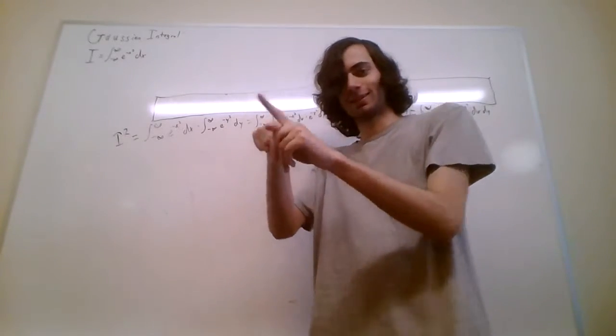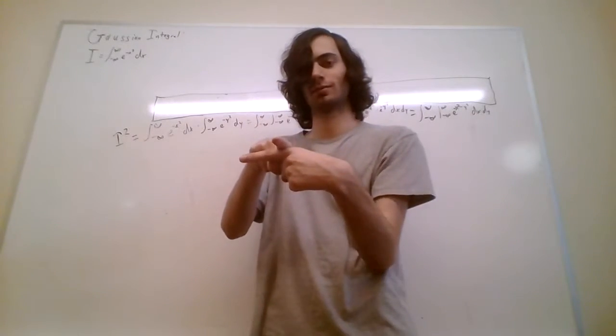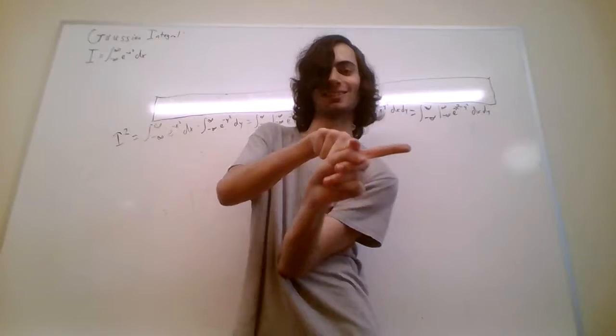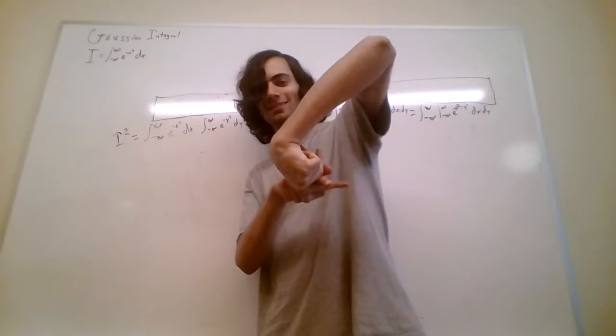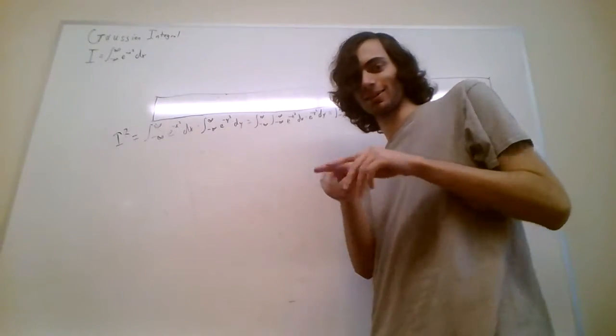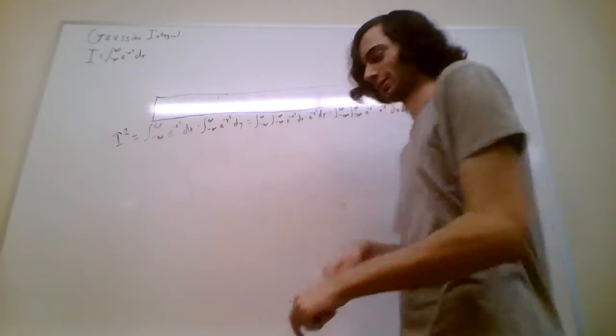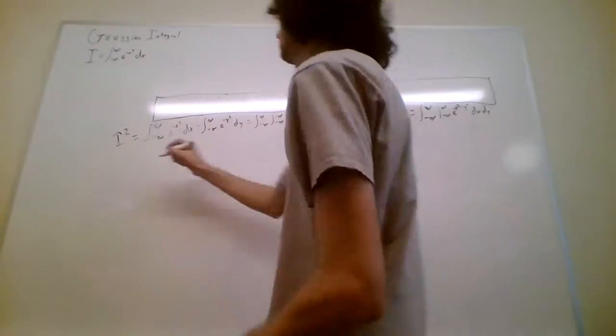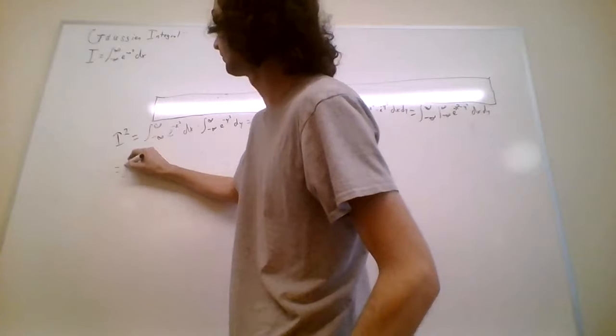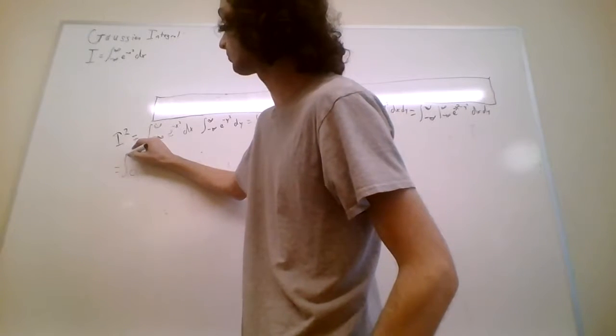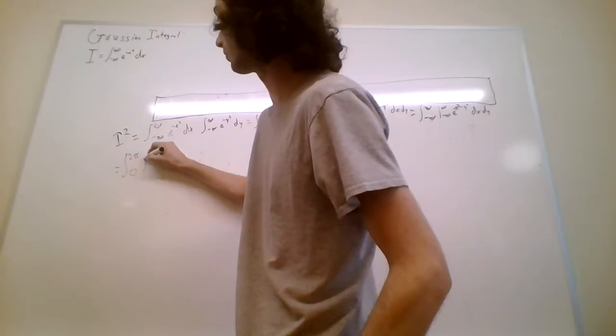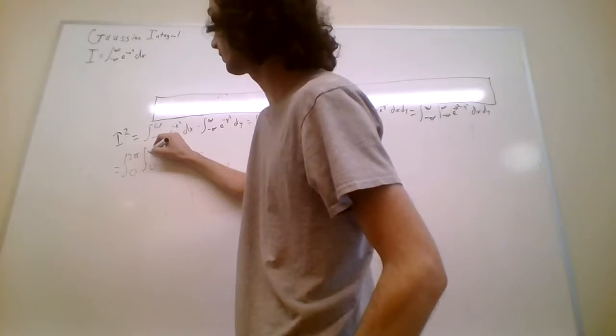It's going to go like this. And the r is going to go from 0 to infinity. So I'm going to write that in bounds out. So theta is from 0 to 2 pi, and r is from 0 to infinity.